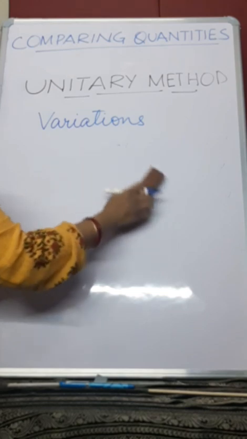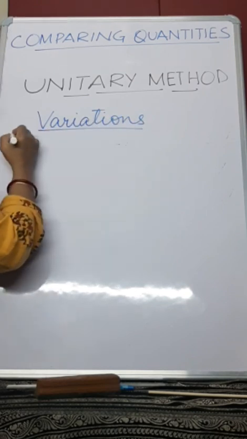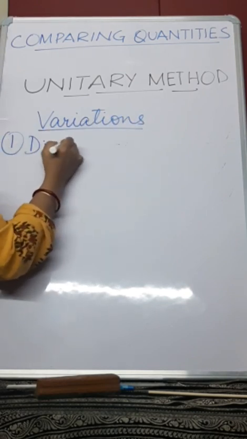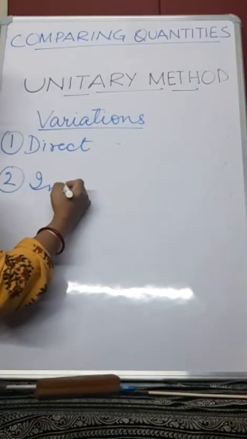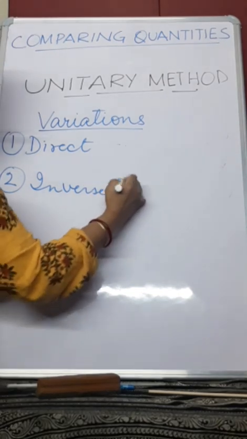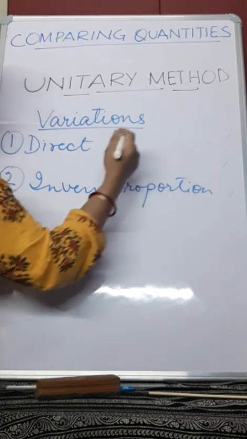Now we will talk of the inverse proportion. For variations, first one is direct proportion. We have already discussed. Second one is inverse proportion. Here what happens? Let's see.